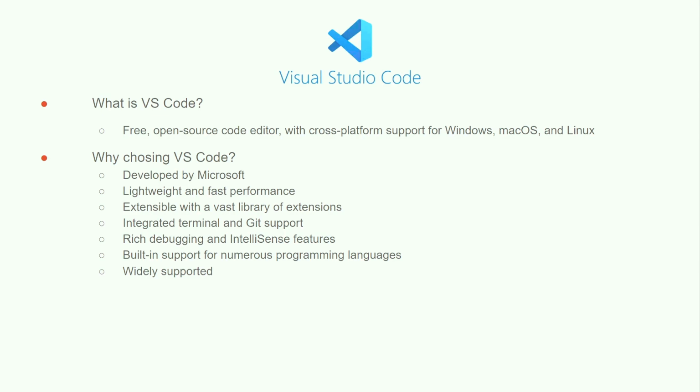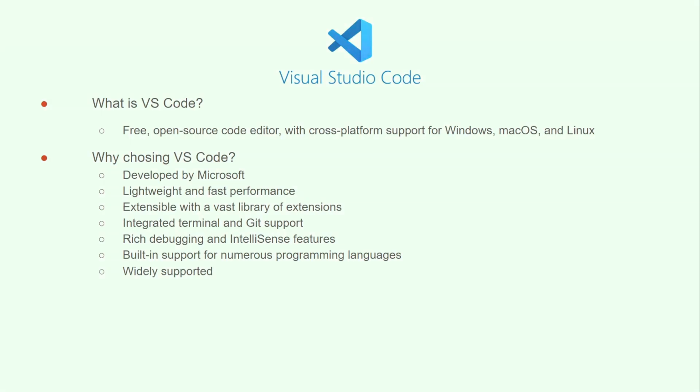VS Code also offers a robust debugging capability, making it easier to identify and fix issues in the code. Additionally, features like IntelliSense provide intelligent code completion, real-time syntax highlighting, and error detection. This significantly improves the coding experience.